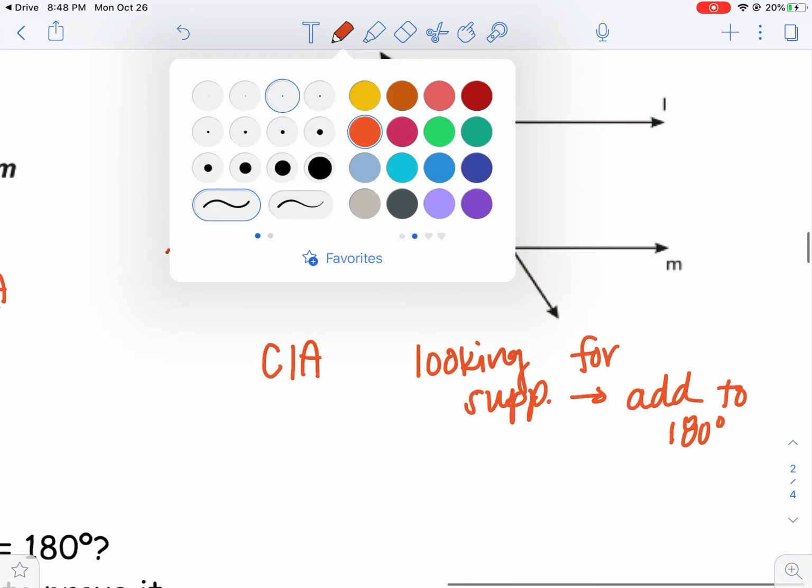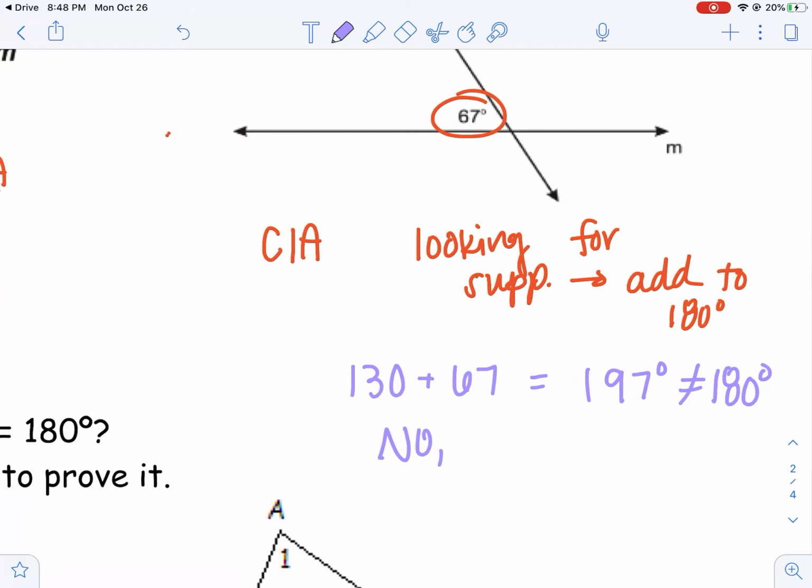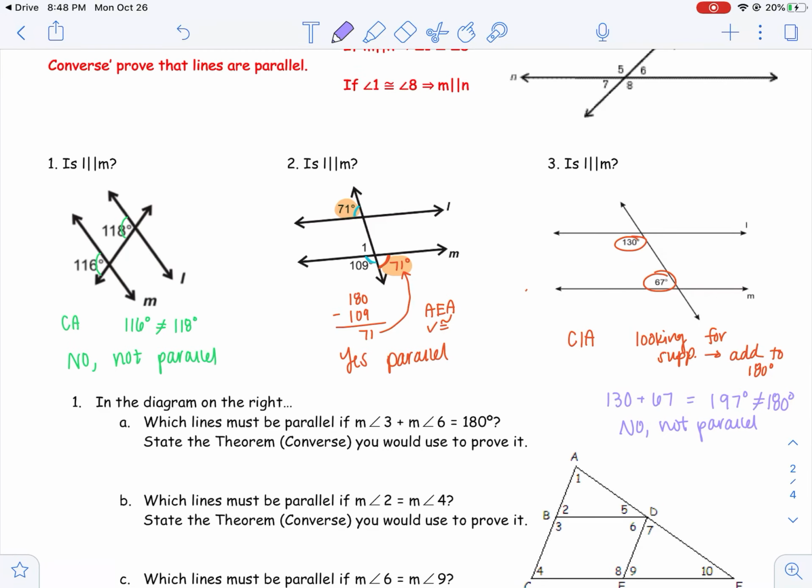Okay, so let's just check it. I'm sure we're all smart enough to see, but let's just check it. That is 197 degrees, which is not equal to 180 degrees, so no. Not parallel. Alrighty?